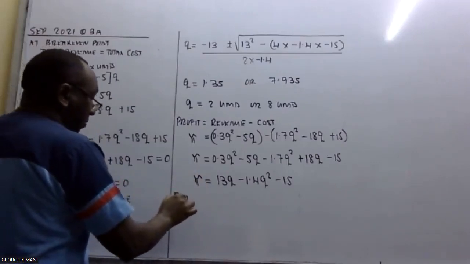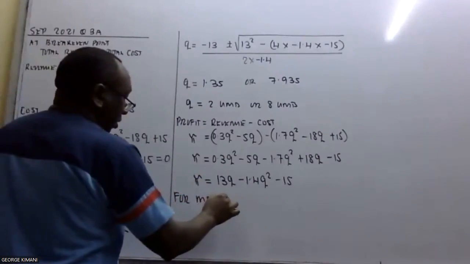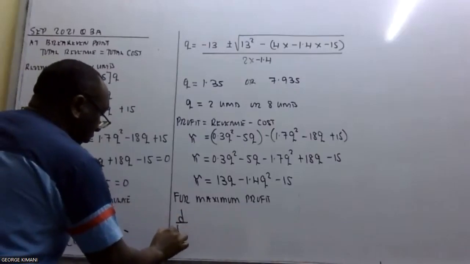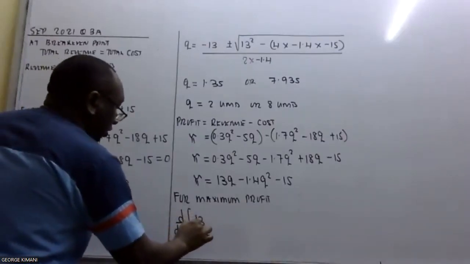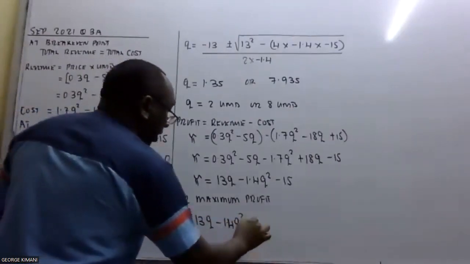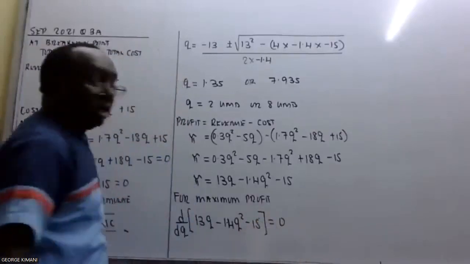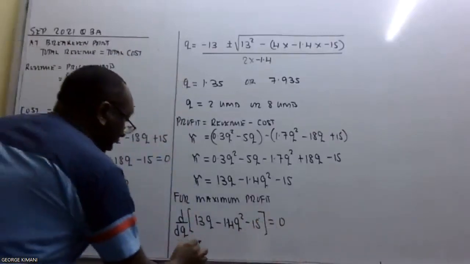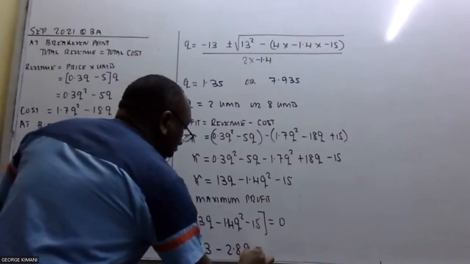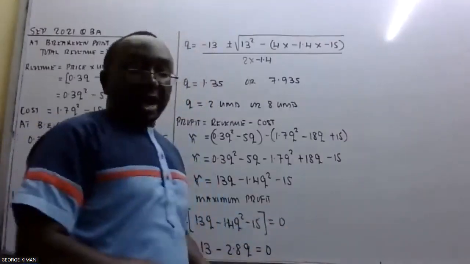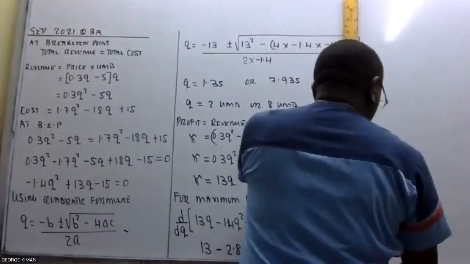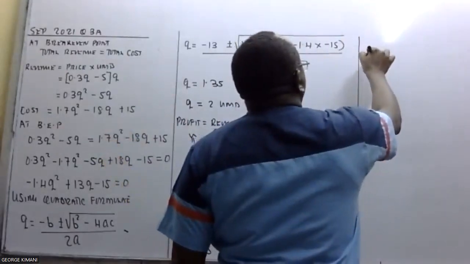Then for maximum profit, the differential with respect to Q of 13Q minus 1.4Q squared minus 15 is equal to 0. So when you differentiate, this becomes 13 minus 2.8Q equals 0. So from there, tell me what is Q.